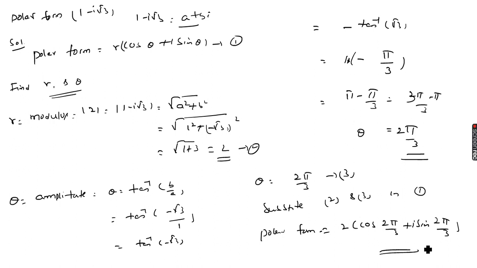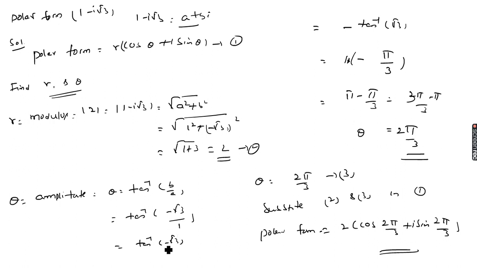Okay, so here we do the polar form. The polar form is r into cos theta plus i sin theta. We need to find r and theta. r is the modulus, mod z, mod of 1 minus i root 3. The formula is root of a square plus b square, we get 2. And amplitude equal to tan inverse of b by a, tan inverse of minus root 3.